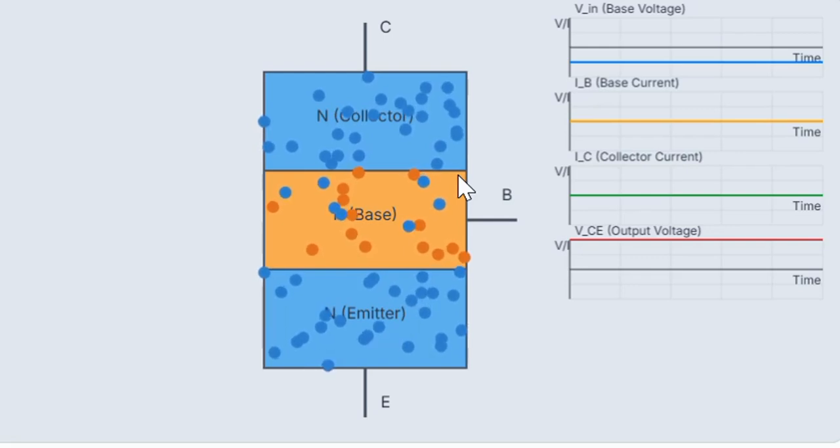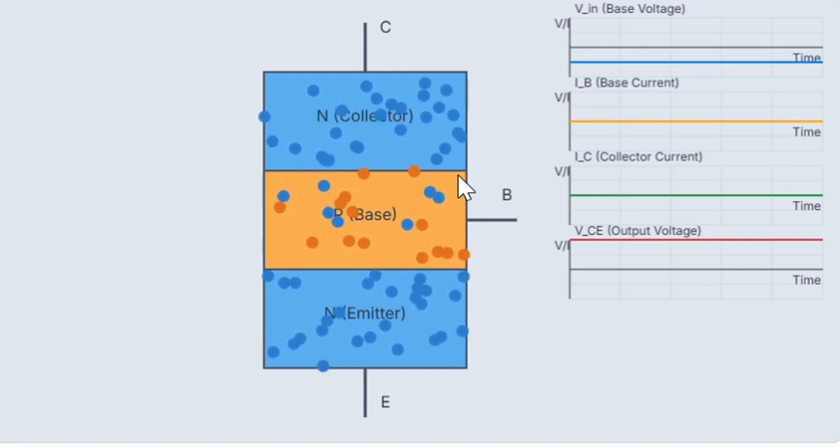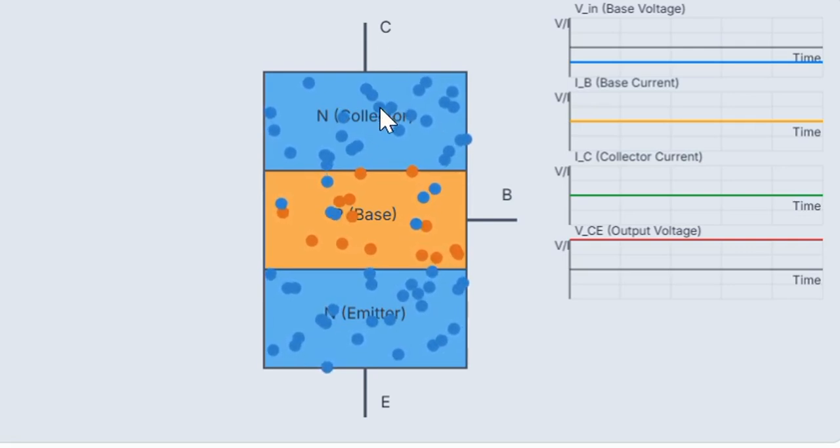The emitter is heavily doped as compared to other regions. Its main function is to supply majority charge carriers, either electrons or holes. The base region is very lightly doped and very thin as compared to the other sections. Its main function is to transfer the majority carriers from the emitter to the collector. And the collector is moderately doped and has a large area because the main current flows in this region, so it is large to avoid heating and other issues.